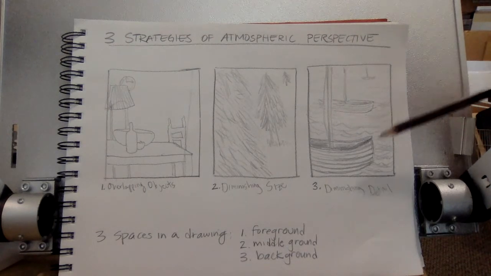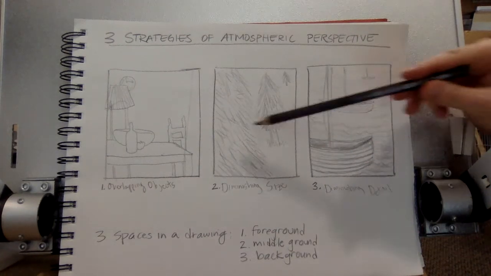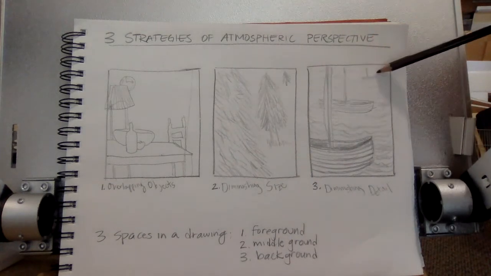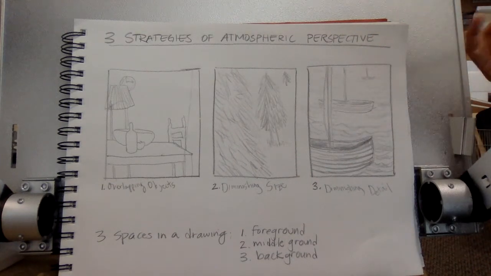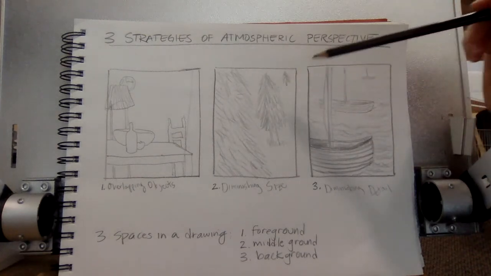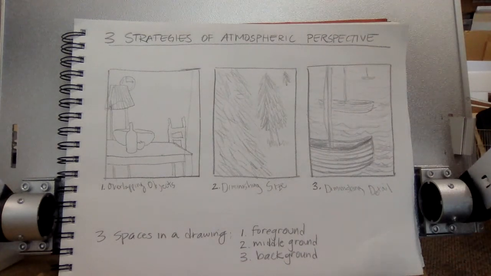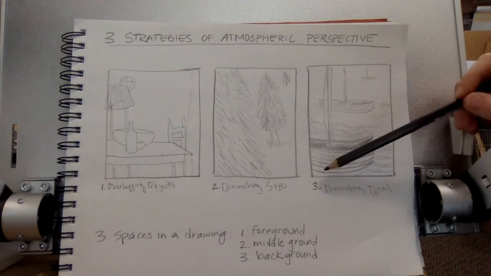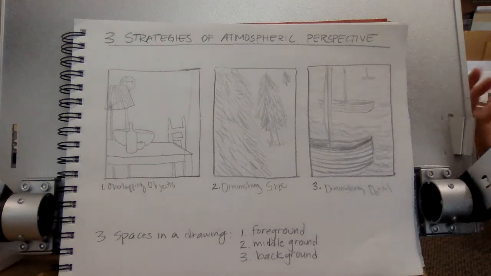So it could be either that there's darker values in the foreground and then they get lighter as they go back, or vice versa. It could be that they're lighter in the foreground and then they get darker as they go back. It kind of all depends on what you're looking at and what makes the most sense. But as long as there's some shift in value from foreground to background, you're going to help enhance that illusion of depth, the depth of space on a flat 2-dimensional sheet of paper.